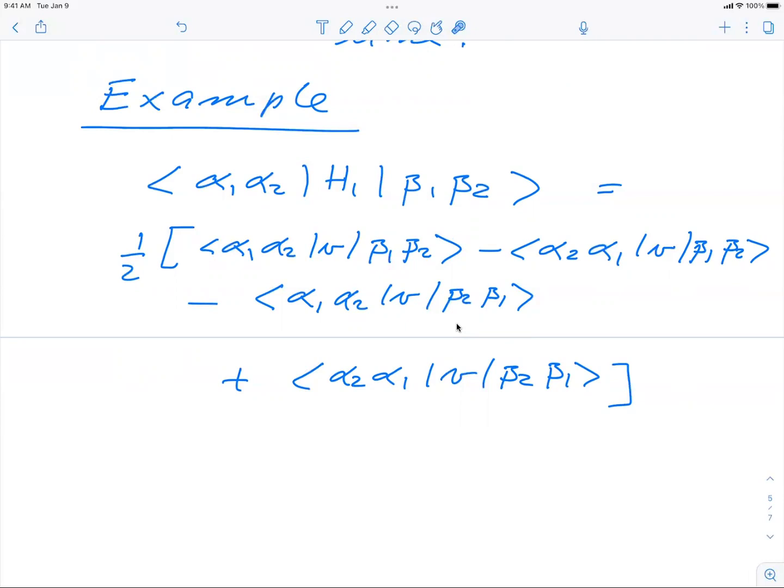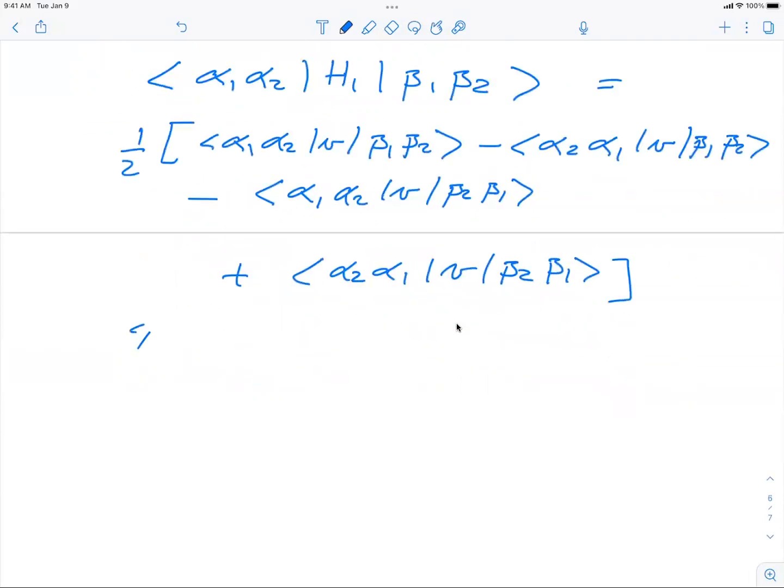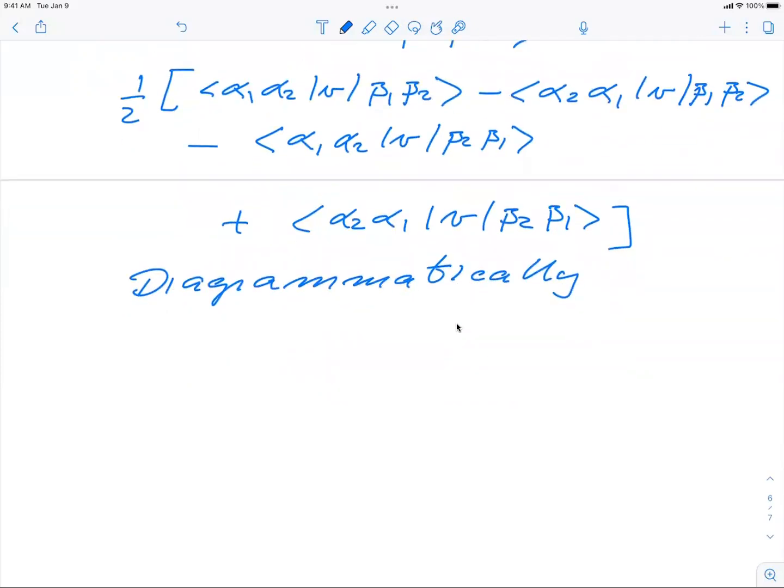Okay, so what we can do now is to think of this in the following way. When we are setting this up in a diagrammatic form, this is the analytical form. If we think of this diagrammatically, what we have is the following. We have an outgoing state, which contains alpha 1 and alpha 2.